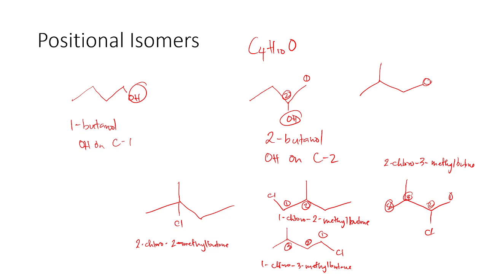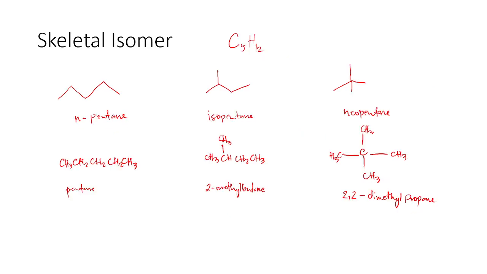And also, we have our skeletal isomer, in which we use pentane. By pentane, we have C5H12. We visualize normal pentane or N-pentane. We have the isopentane here and also the neopentane, basically pentane, 2-methylbutane, and 2,2-dimethylpropane. That is our structural or constitutional isomers.